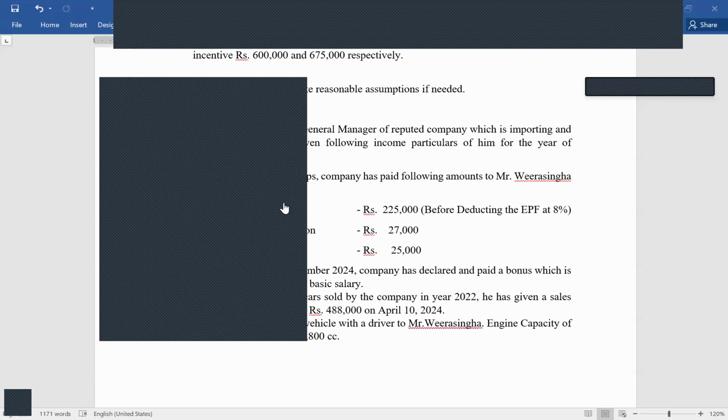We can ignore only the VAT amount. If they have included VAT amount, only that part can be ignored. All other parts that we are paying as a fee to that kind of persons, freelancers, professionals. If that payment is for a doctor, lawyer, software engineer, like that, there are some special categories.